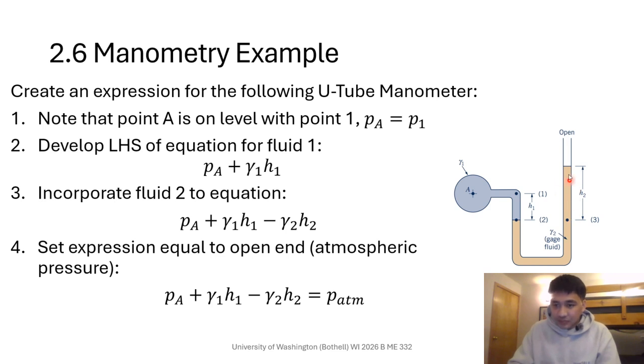We're now getting higher in height, so like the water analogy I always use, since you're going higher, the pressure is decreasing. So you're going to subtract gamma 2 times H2. And now you set the expression equal to the open end, which is the atmospheric pressure here. So you set this whole expression equal to the atmospheric pressure, which is the open end.